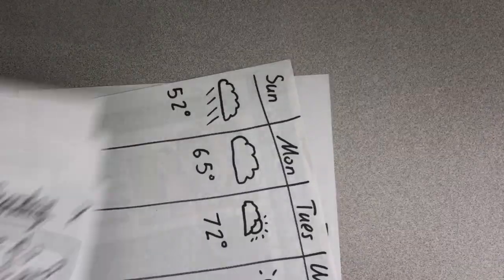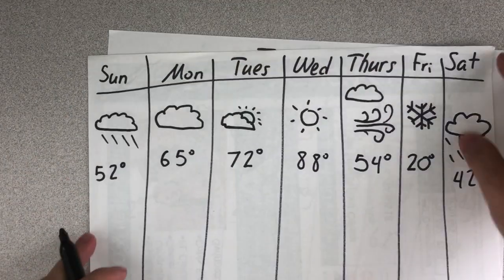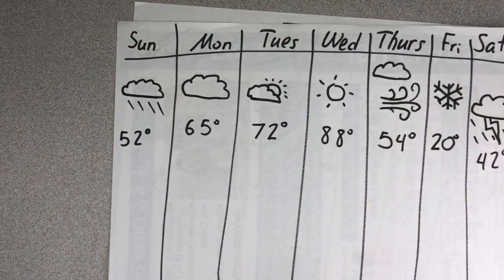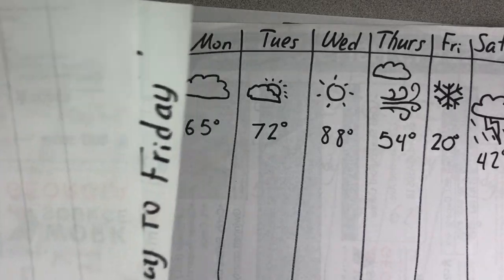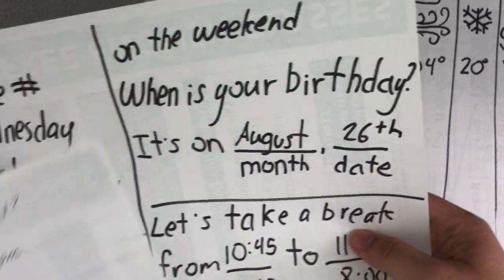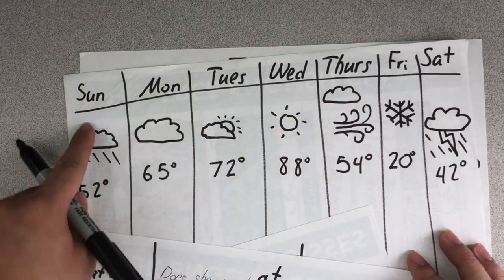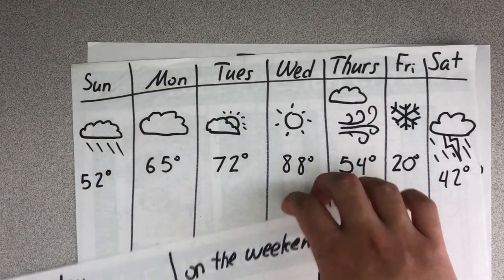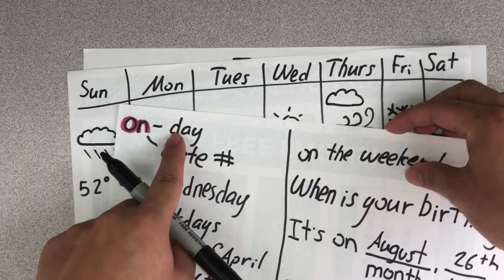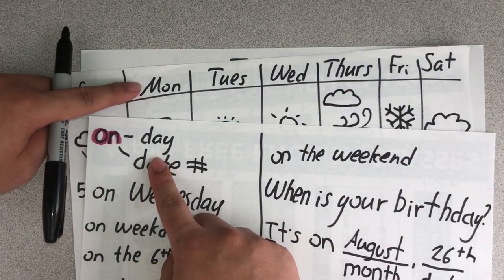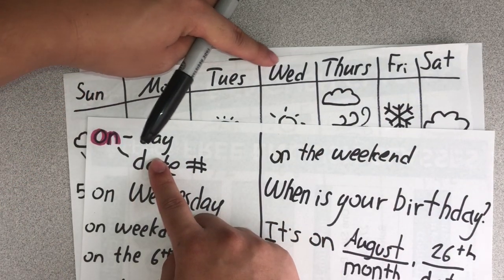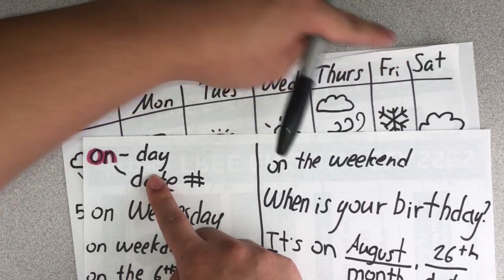Okay. And last thing, we can use it for the weather. So we have days of the week. For days of the week, we use on. On Sunday, on Monday, on Tuesday, on Wednesday, on Thursday, on Friday, on Saturday.